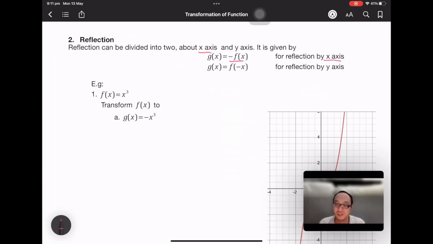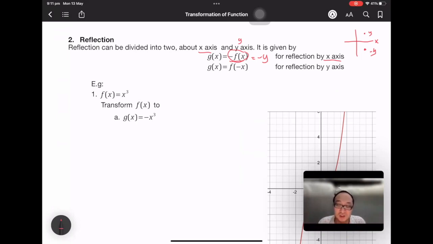So if you remember, f(x) is y. So negative here is equal to negative y. So y and negative y are reflections by the x-axis. This is y, this is negative y. So if we have -f(x), we have reflection by the x-axis.